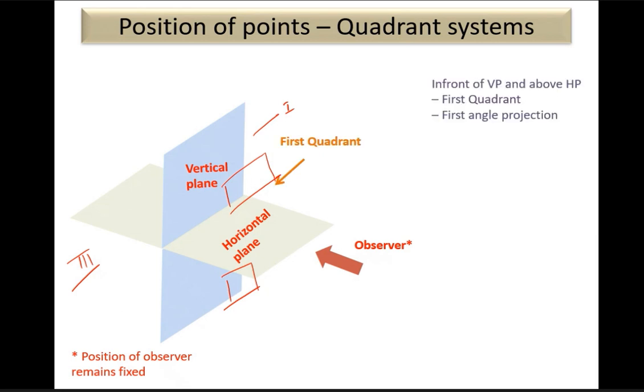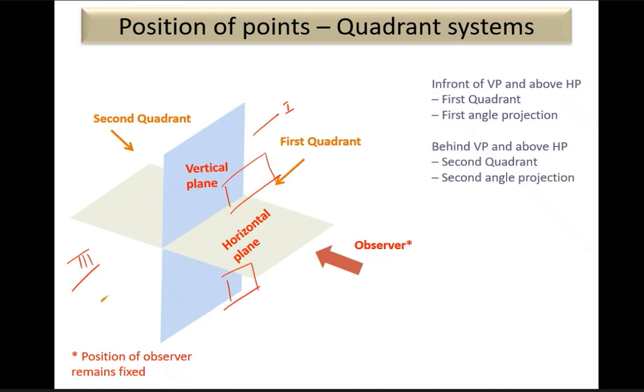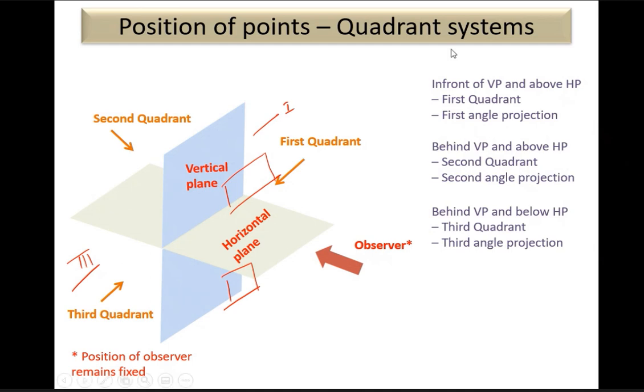So this is the first quadrant, as we have already discussed. This is the 2nd quadrant. This is the 3rd quadrant. You can see over here also, in front of VP and above HP, for first quadrant or first angle projections. The projections are related to these quadrants only. For the second quadrant, we say behind VP and above HP, and for the third quadrant it is behind VP and below HP.